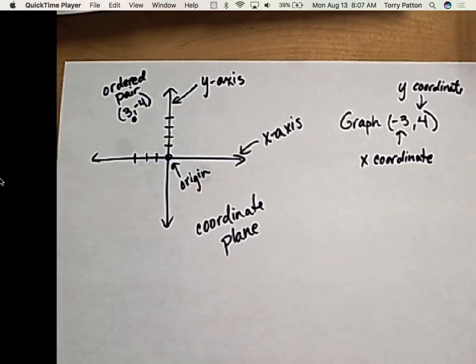What does it mean? Well, pair means 2, right? So what would it mean for there to be an ordered pair? What does ordered mean? If you had a set of numbers that was ordered and a set of numbers that was not ordered, what would be different about them?